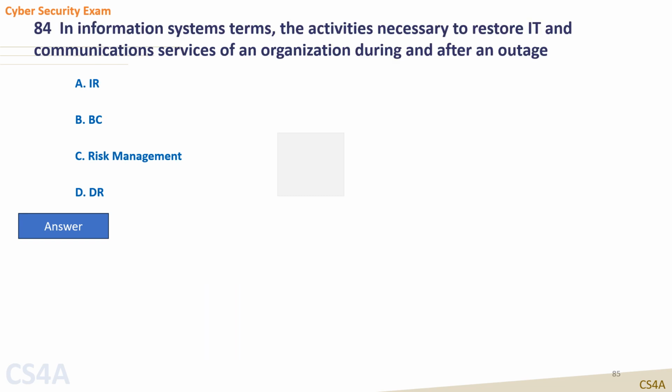Here the next question is: in information system terms, the activities necessary to restore IT and communication services of an organization during and after an outage. Incident response is not correct. Business continuity is not correct, because the keyword here is restore IT and communication, not sustain business operations. Risk management is irrelevant. So the only option is DR. Disaster recovery is the correct answer.